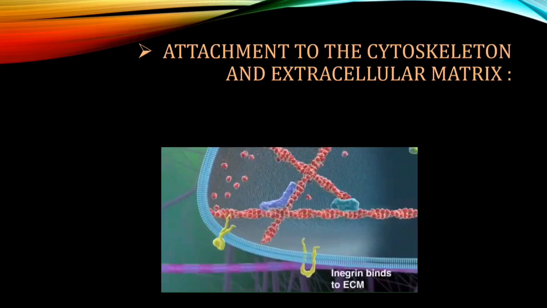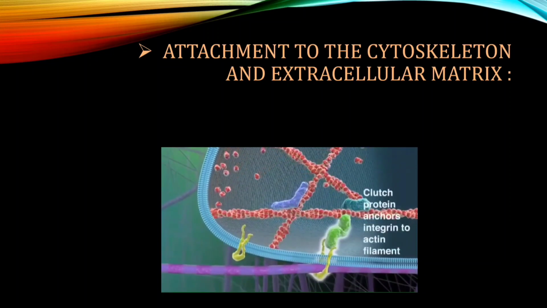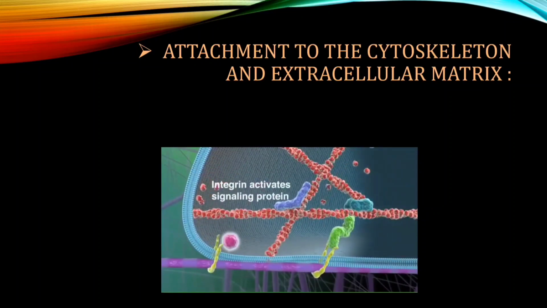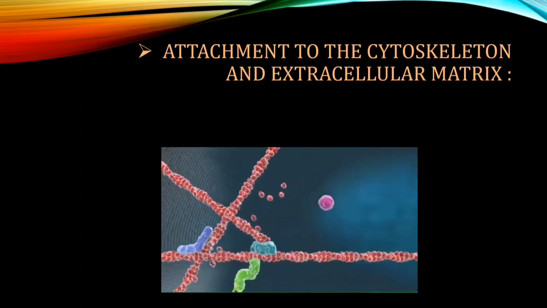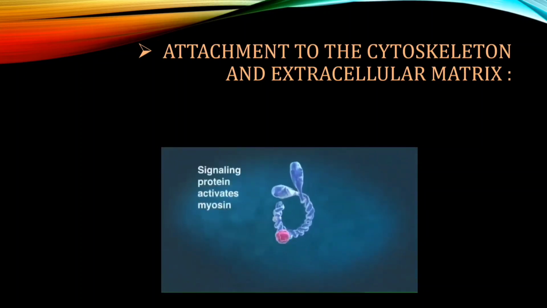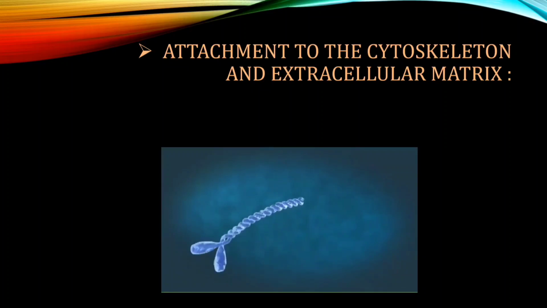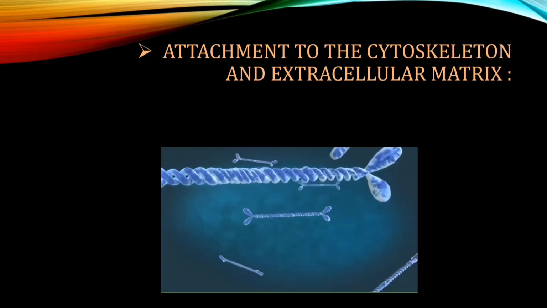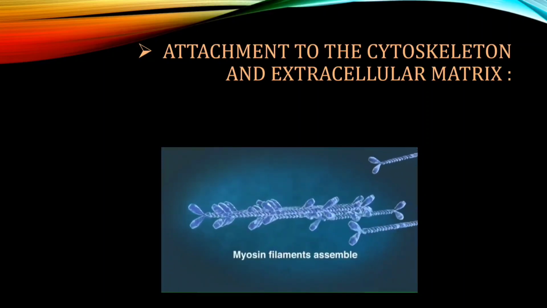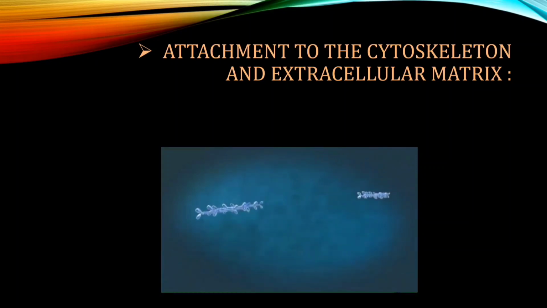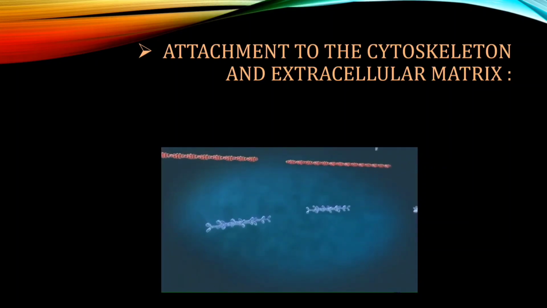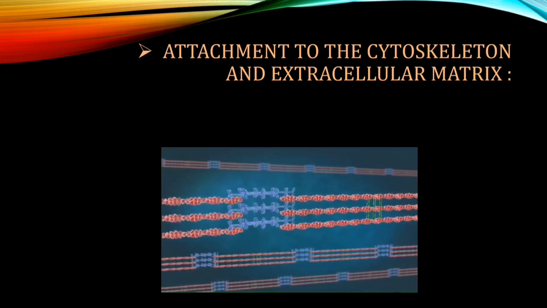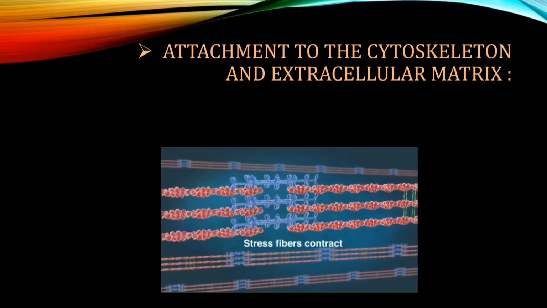On the other hand, integrin is bound to the ECM. The clutch protein anchors integrin to actin filament, and the integrin activates signaling proteins, which activate the myosin, and the myosin is attached to each other, forming the tetrad formation. Myosin filaments assemble and attach with each other, forming the myosin filaments, actin filaments and the alpha actinin attached with both, and the stress fiber contracts.